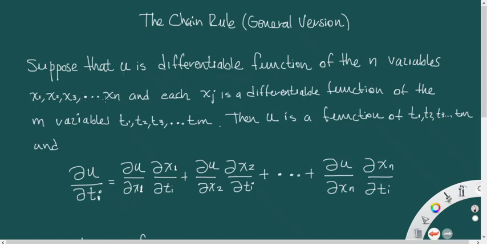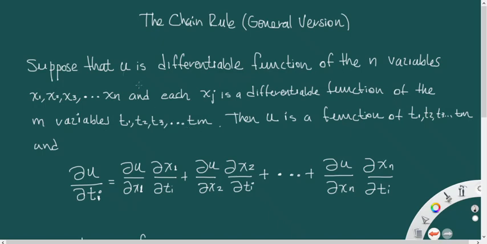But each one of these x sub j are differentiable functions of the m variables t sub 1, t sub 2, t sub 3, all the way up to t sub m.